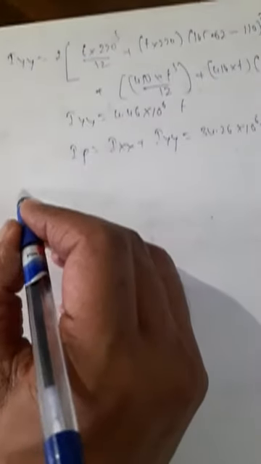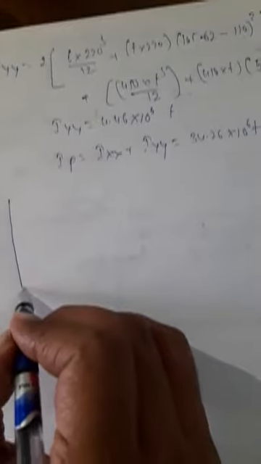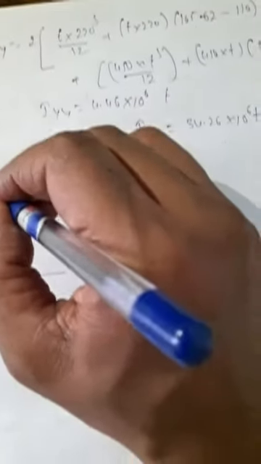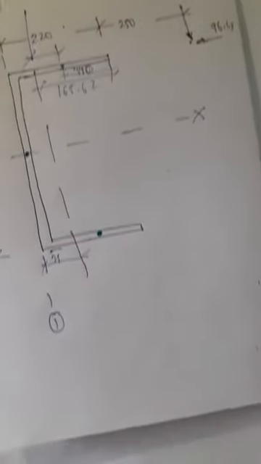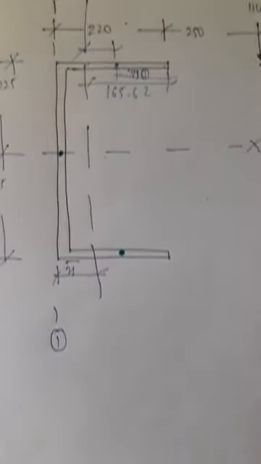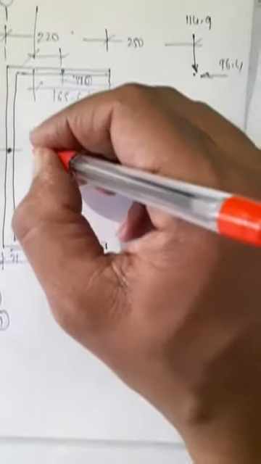Now I have to find each of the individual forces. Let me draw diagram of the farthest point. If you look at this diagram, this is the farthest point. This is the CG.